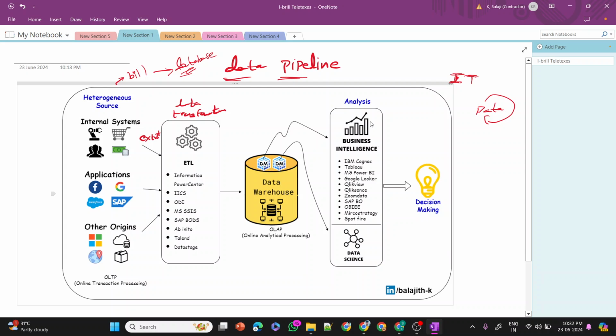After the analysis, by using machine learning models, we can make a decision. Like this, the overall data pattern will work.